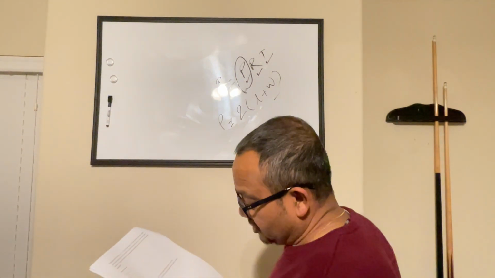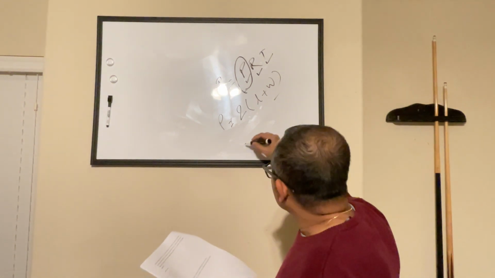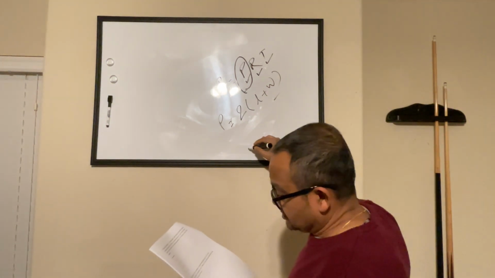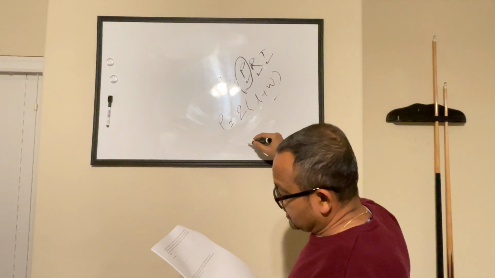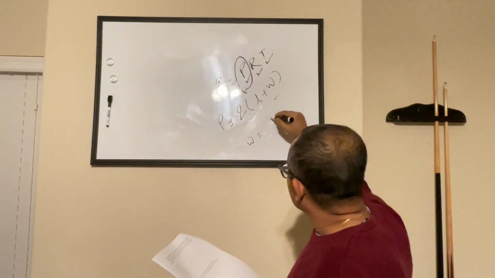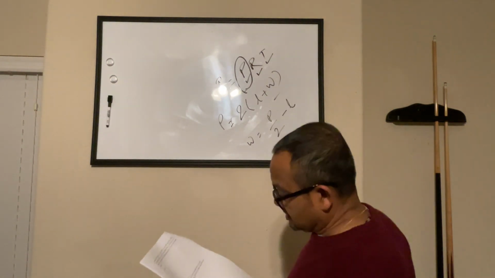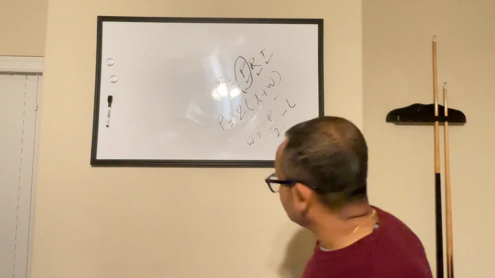So which one is the answer? C again. So you have to get W in terms of this. So it will be P by 2 minus L. So C. Yeah, you're right.